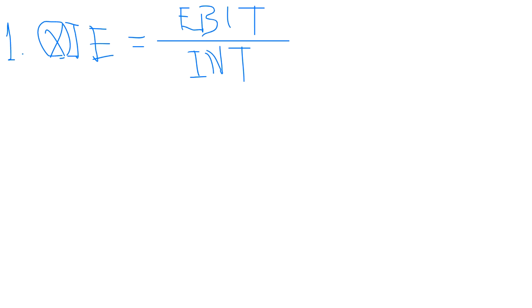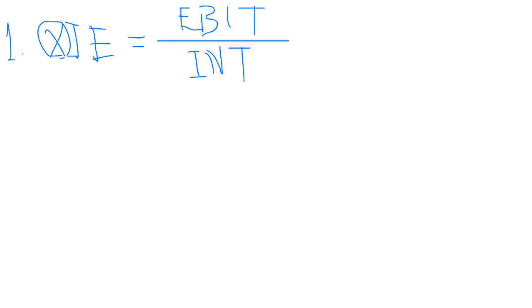The higher the number, the better it is. Of course, once again, the industry average comes into play. If this ratio is much higher than the industry average, your company is in a very good position compared to the average of the industry. And if your times interest earned ratio is lower than the industry, you're not good, right?